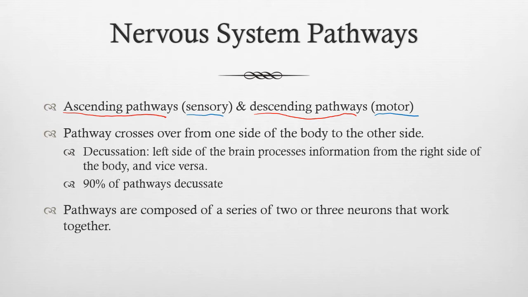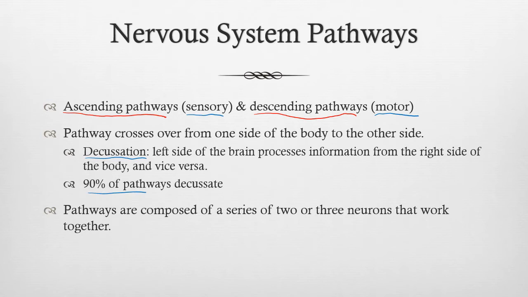We're going to have to get the information over to the other side. Information that is within the cortex on the right side of the brain is either coming or going from information that is on the left side of the body, and vice versa. So most of the information is going to decussate, and that is referred to as decussation.